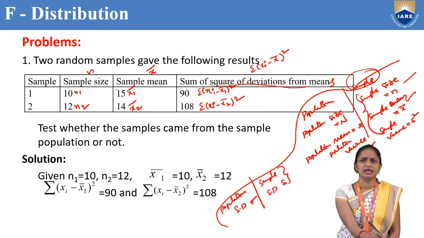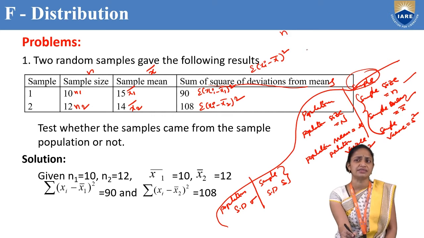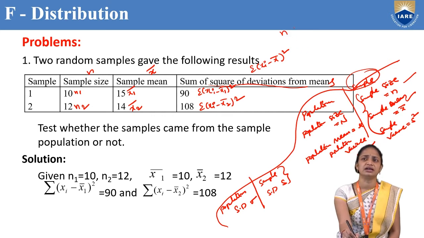Observe carefully whether it is a small sample test or a large sample test. If n is greater than or equal to 30, then we say that it is a large sample. If n is less than 30, then we say that it is a small sample.